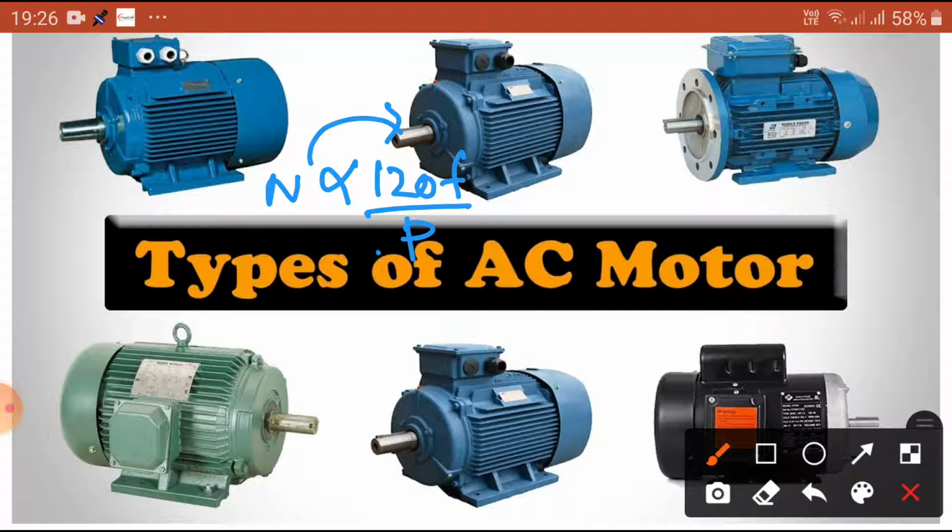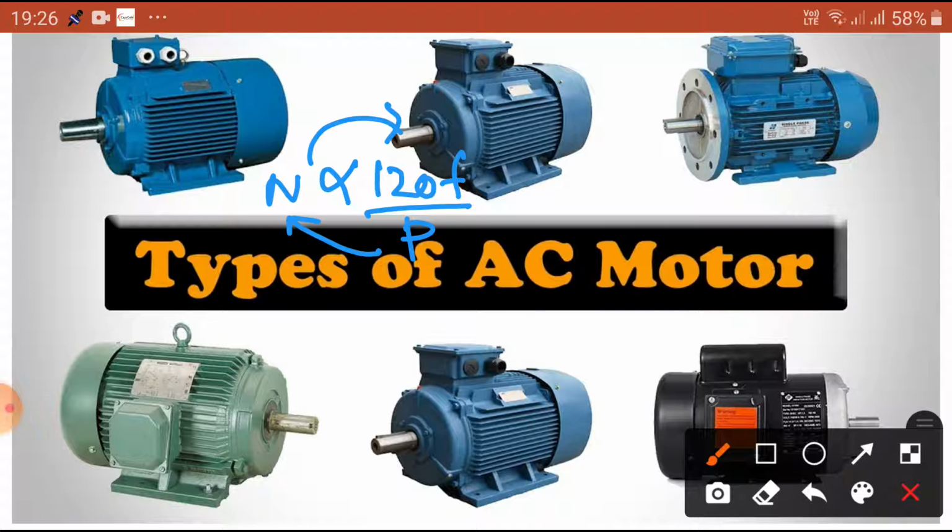At the same time we can change the speed with the help of the number of poles. So, compared to the DC motors, AC motors are user friendly, rugged and cheap.